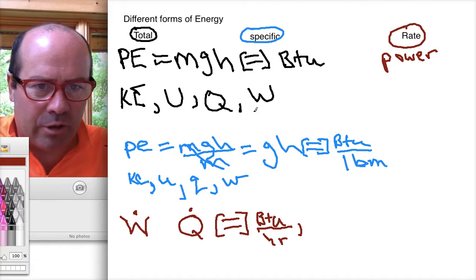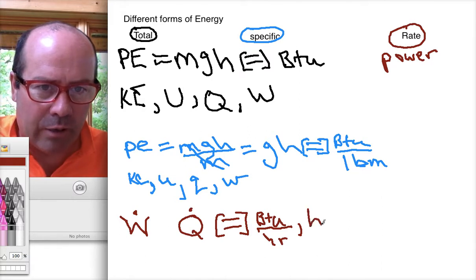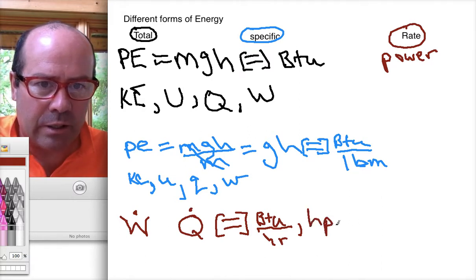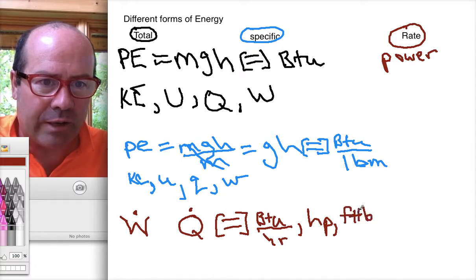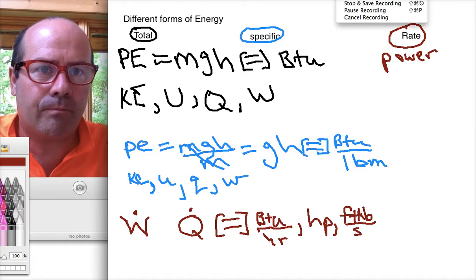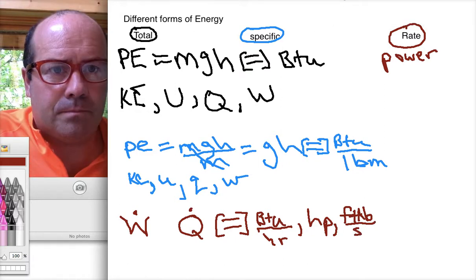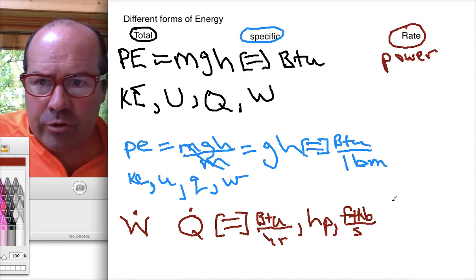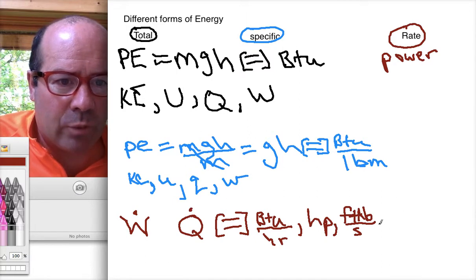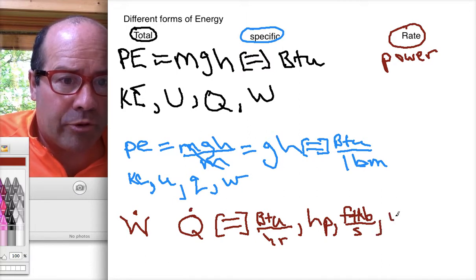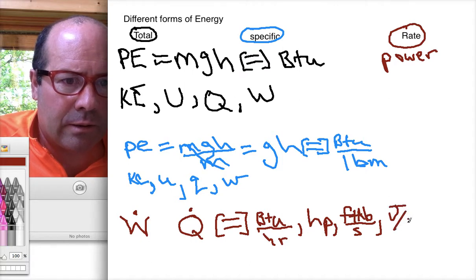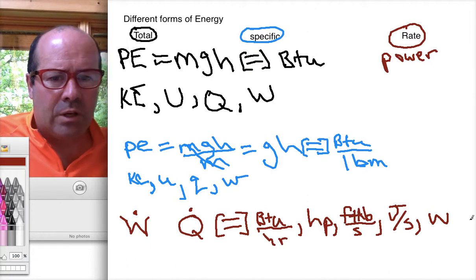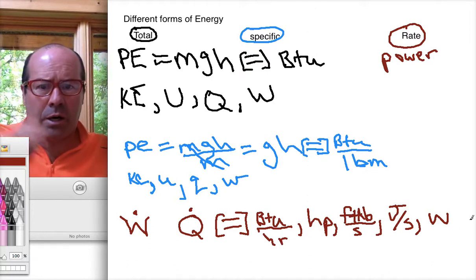So when we start talking about power, well, then we've got horsepower as a unit, foot-pounds per second as a unit, and of course some other units. If we talk metric, we've got joules per second, and we all know that is a watt. So lots of units of power.